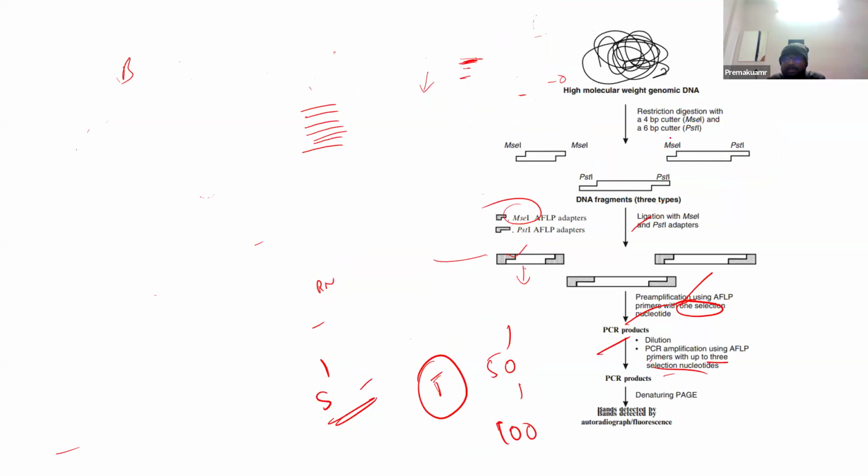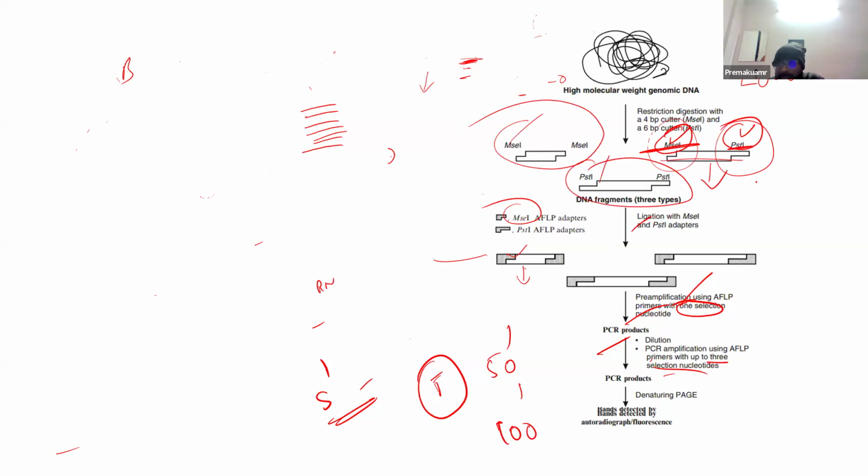You can see that MseI and PstI, they are having the restriction site for both the restriction enzymes. Why are you selecting this? Because the probability of having a fragment with both restriction sites is very low compared to the probability of having just one restriction site. Means you are eliminating millions of fragments, you are selecting only some fragments.